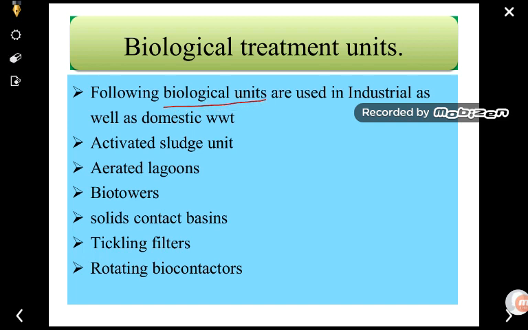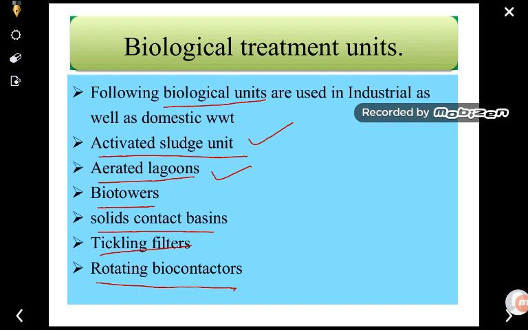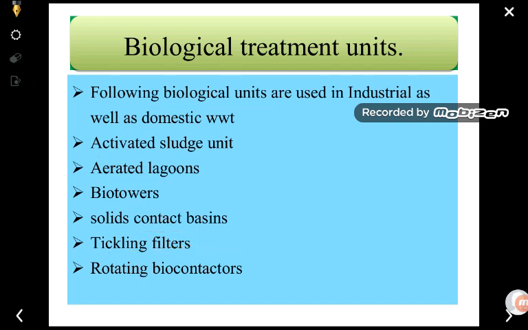One of them is the activated sludge unit; next are aerated lagoons, biotowers, solid contact basins, trickling filter and rotating biological contactor. In this syllabus most of the stress is given to the activated sludge unit, aerated lagoons and the trickling filters. So we are going to discuss all these topics.